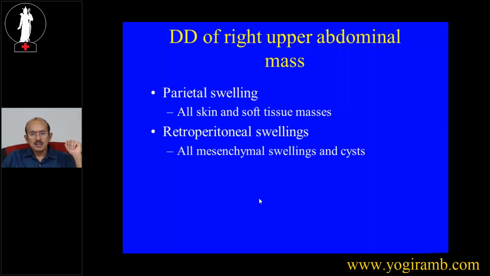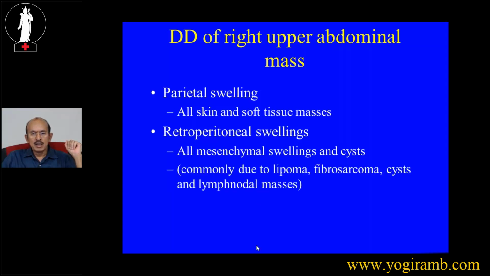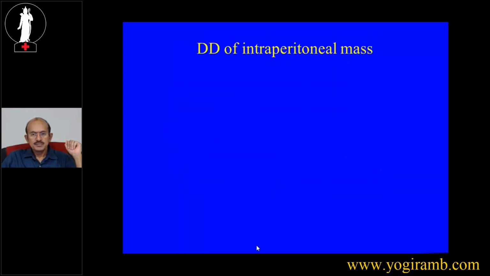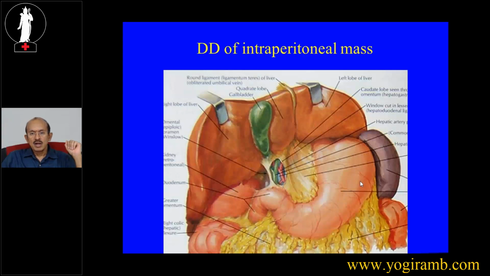Retroperitoneal swellings, all mesenchymal swellings and cysts can be there in the retroperitoneum, commonly due to lipoma, fibrosarcoma, cysts and lymph nodal masses. Then many of the other things are the intraperitoneal masses. Broadly, these are the structures that are there in the right hypochondriac region.